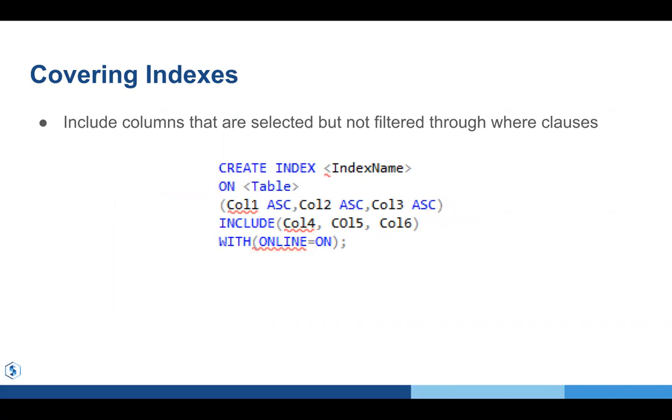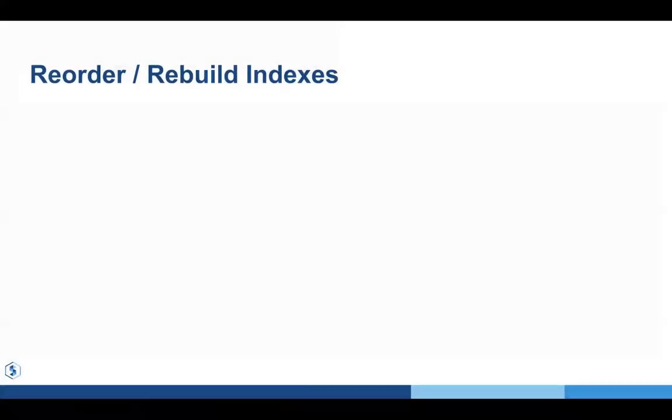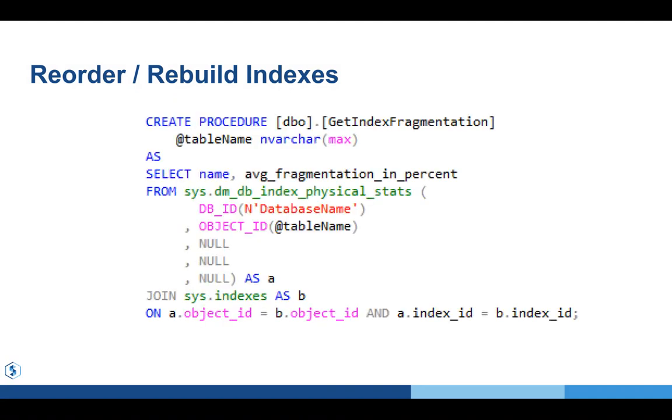The next optimization will be reorganizing and rebuilding indexes. This is for when we have a very fragmented index. We can create this stored procedure and run it on our database.